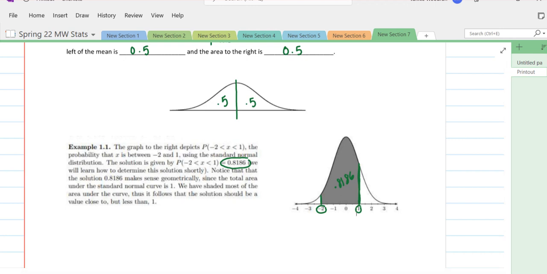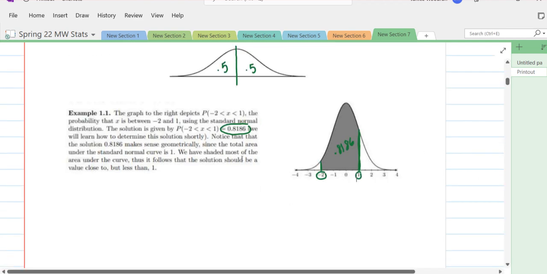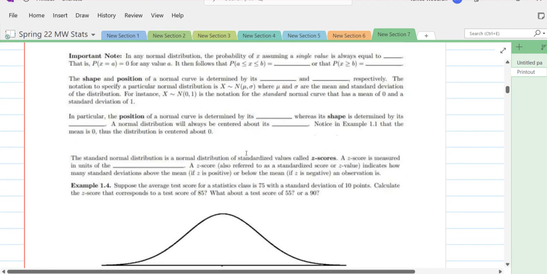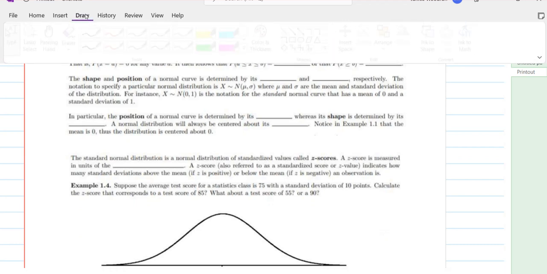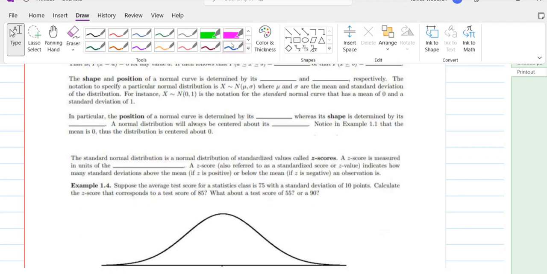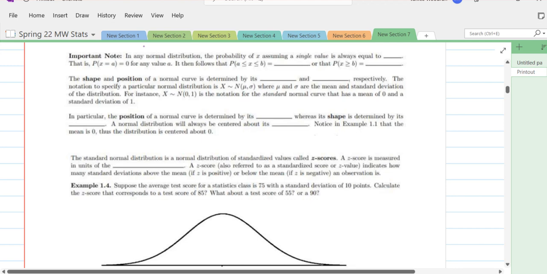Now let's talk about what these are. Just some notes first. Important note: in any normal distribution, the probability of x assuming a single value is equal to 0. So the probability that x equals a is 0 for any single value.